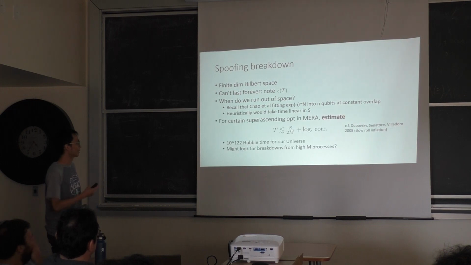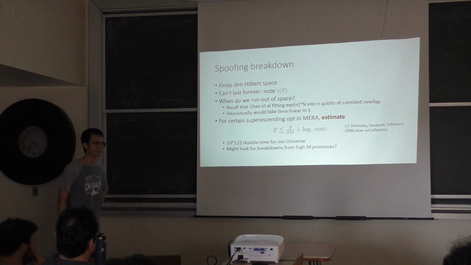And indeed, in an independent MERA calculation, you can verify this by using the structure of the MERA, and you can show that this epsilon becomes order 1 when this time is roughly linear in the entropy divided by 2m, and m is the m-point correlation of an operator.